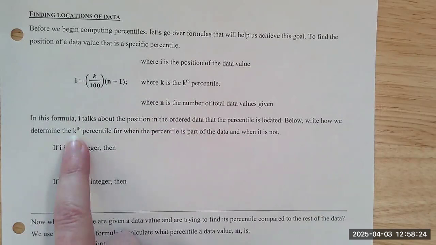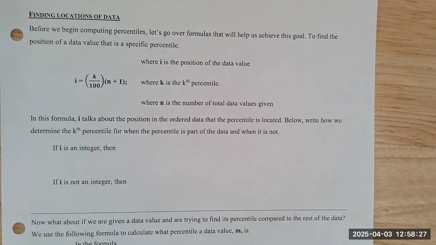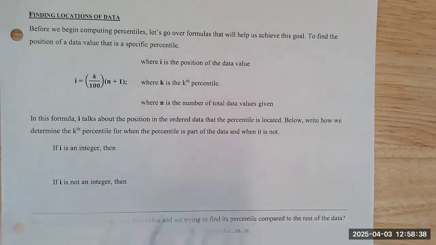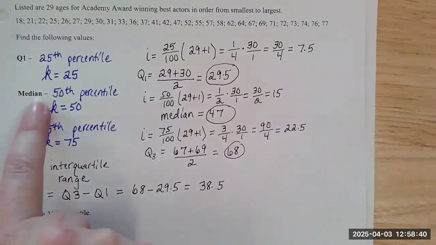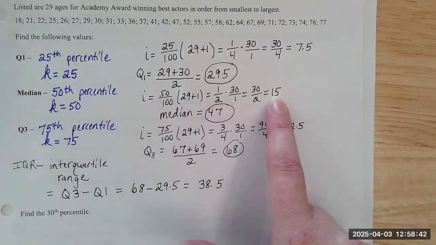Below, write how you determine the kth percentile for when the percentile is part of the data and when it's not. So if I is an integer, so when we did our calculation for the median and it came out to be a perfect 15, all we had to do was count over to 15. We didn't have to do anything crazy beyond that.